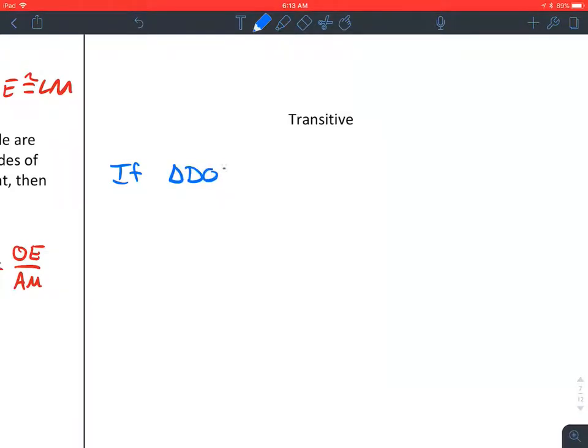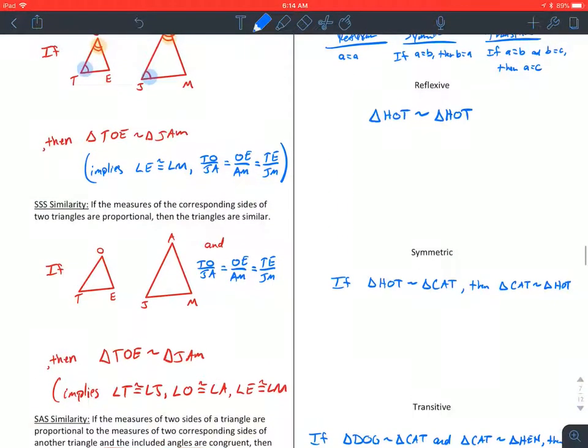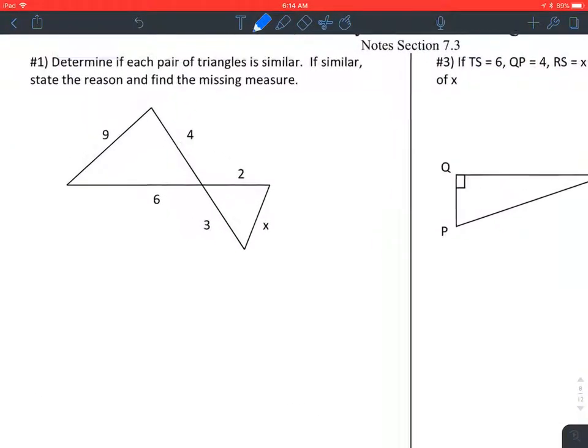If triangle WOOF is similar to triangle MEOW and triangle MEOW is similar to triangle, then triangle WOOF is similar to triangle. Get it? Got it? Good.